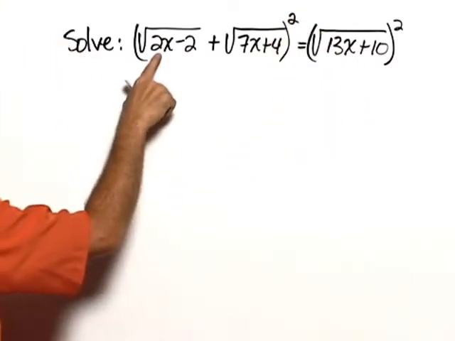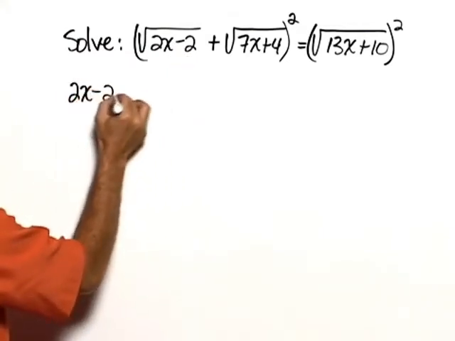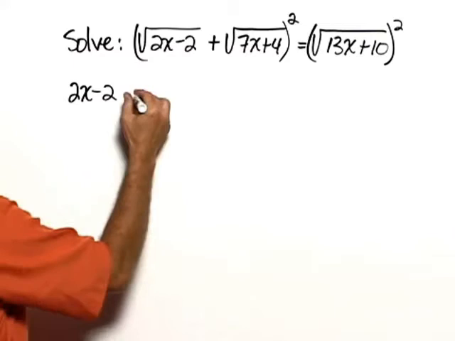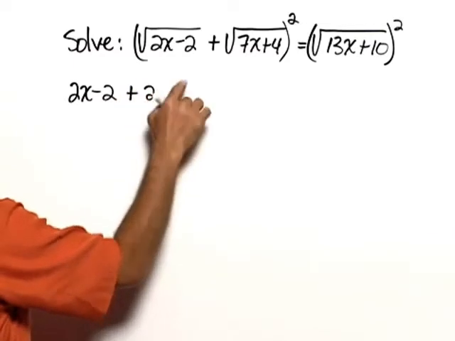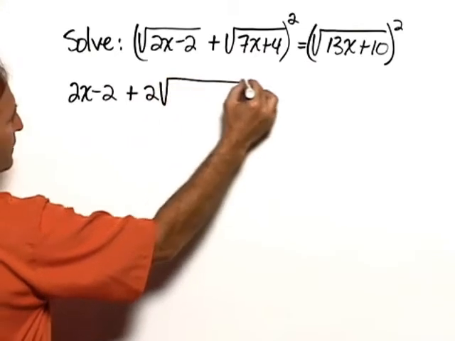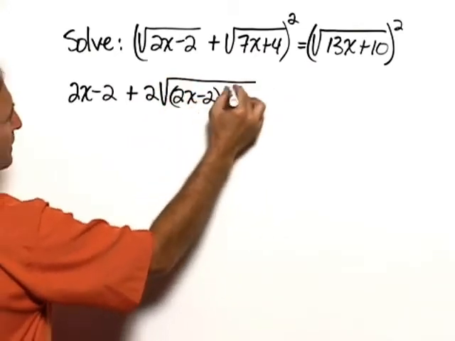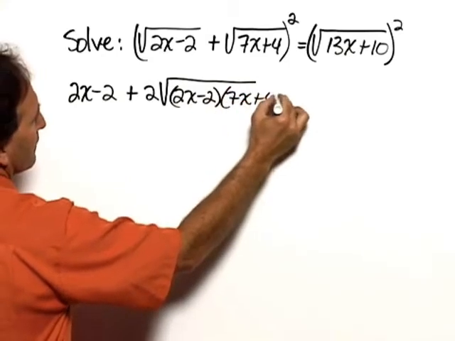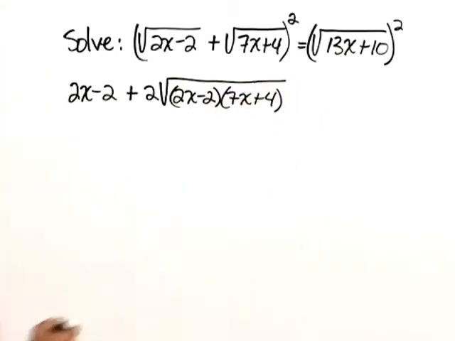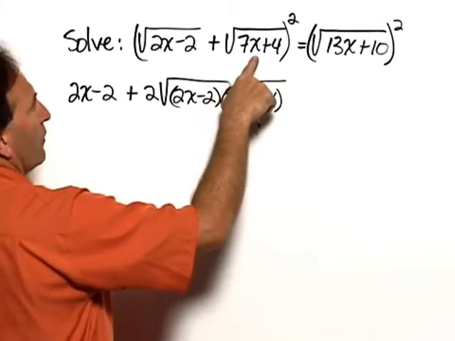The square root of 2x minus 2 squared is 2x minus 2. Then we would have plus twice the product of these two radicals, which we can put underneath the same radical. So 2x minus 2 times 7x plus 4. Then we would have the square root of 7x plus 4 squared.